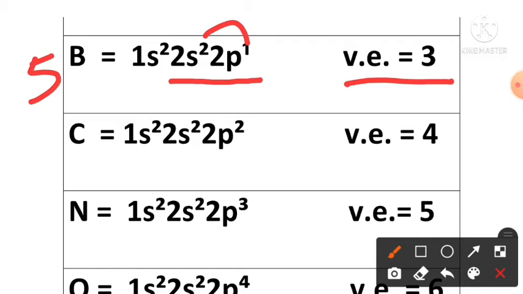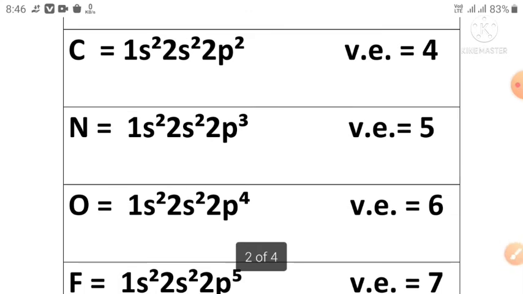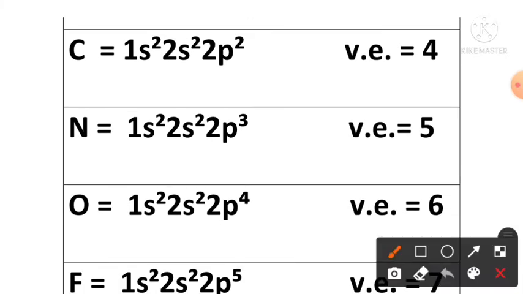Now next, carbon. We know that Z of carbon is 6, so we write its electronic configuration 1s2, 2s2, 2p2. So in this element, the outermost shell of carbon is 2s2 and 2p2, and the number of electrons present in it is 2 plus 2, that is 4.